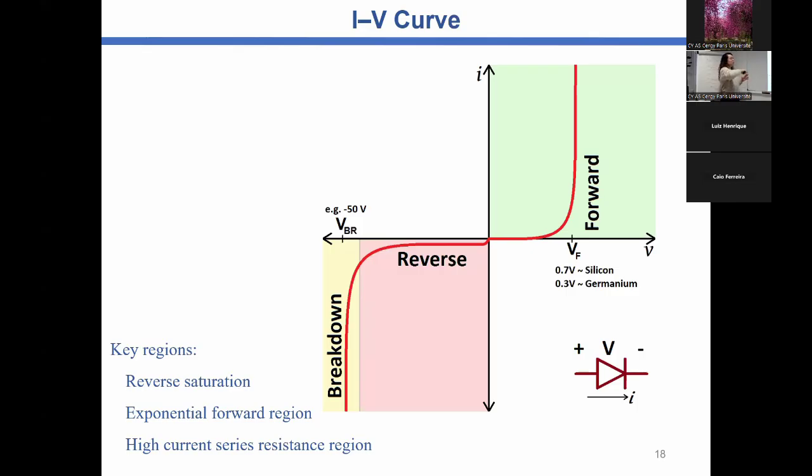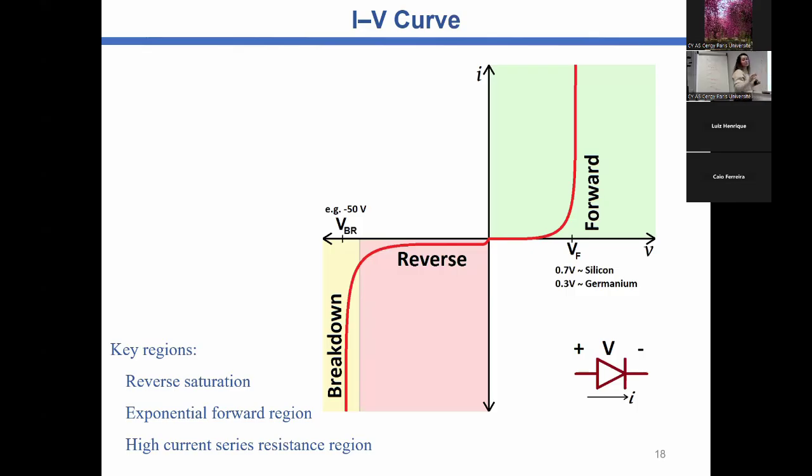If you do the measurement again, you will never see your material behave like a diode anymore. So you have a breakdown voltage in silicon.